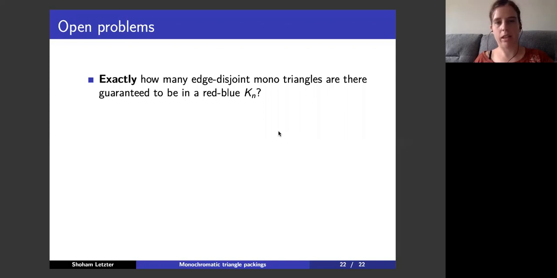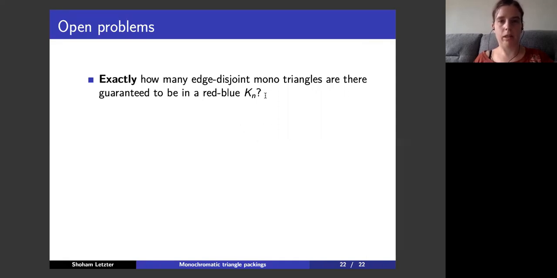As I said at the beginning, there is some issue with parity. Sometimes it's better, instead of taking, say, n over 2 and n over 2, to take n over 2 minus 1 and n over 2 plus 1, because that increases the number of edges in the parts by only a little bit, but maybe if you have some parity issue, then you can gain somewhat because of that.